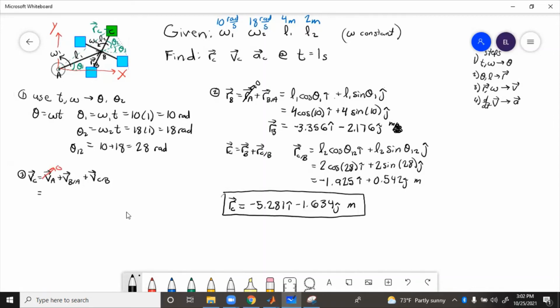Here we'll have velocity of B with respect to A is omega 1 cross with our B with respect to A, plus from velocity of C with respect to B, we have omega 2 cross with our C with respect to B.